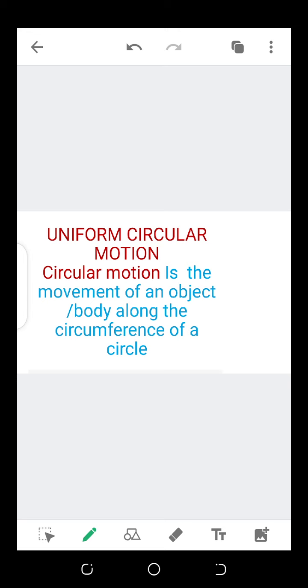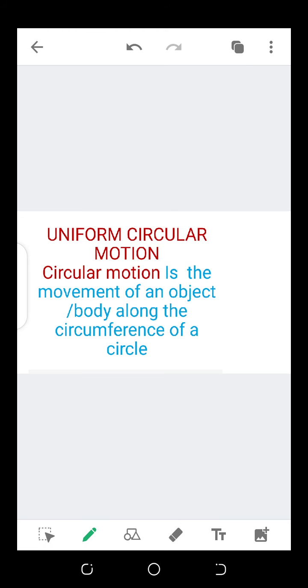So we'll look at things like angular velocity, angular momentum, angular acceleration, and angular displacement. Everything is around a specific path. Take note of that.